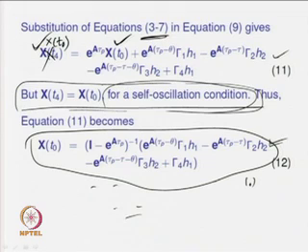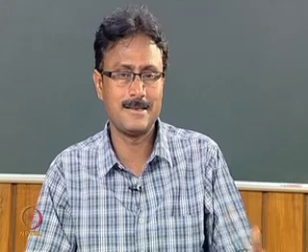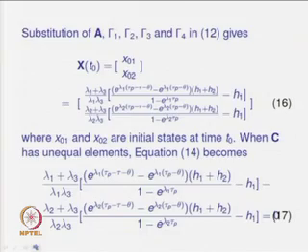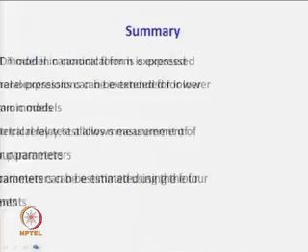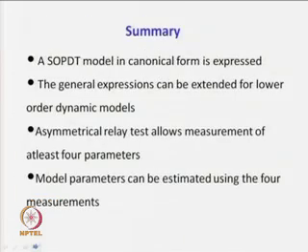Another similar condition, essential for maintaining sustained oscillatory output, will be found in the next lecture, so I will skip it as material for the next lecture. Let me summarize. A second order plus dead time transfer function model has been expressed in convenient diagonal form for obtaining expressions for the output signal.